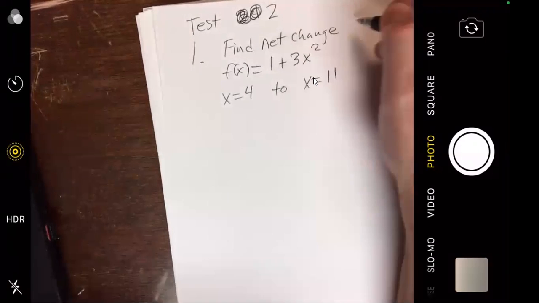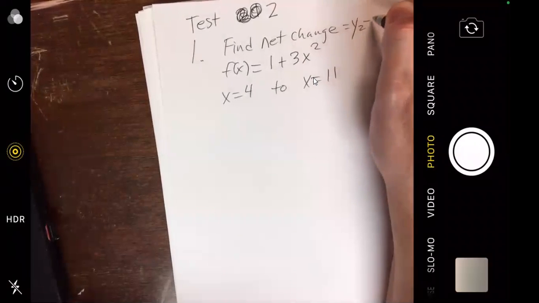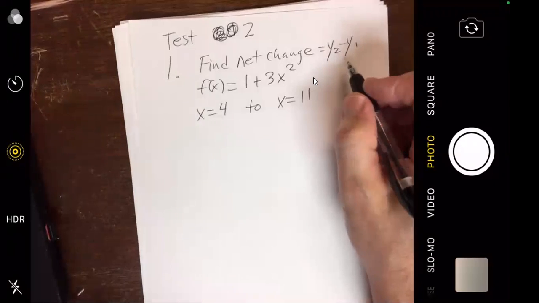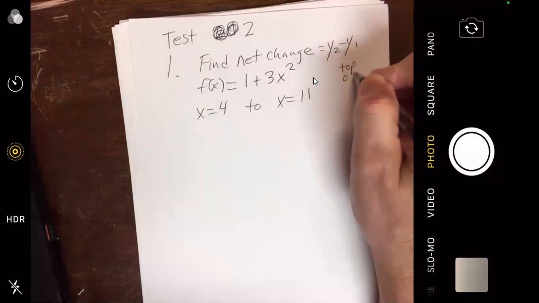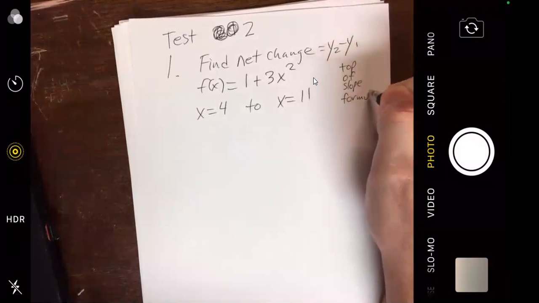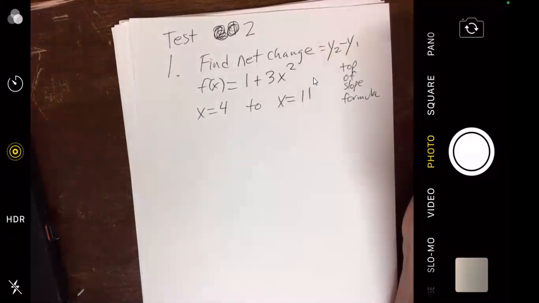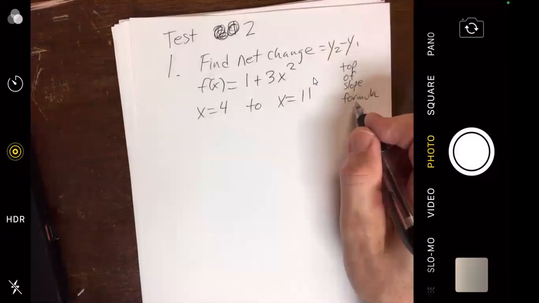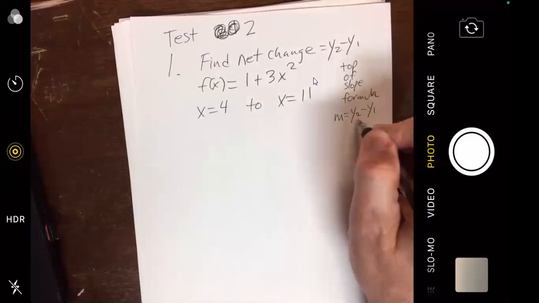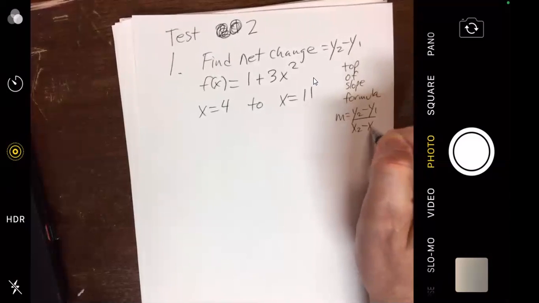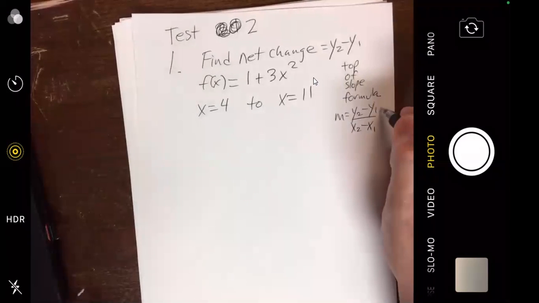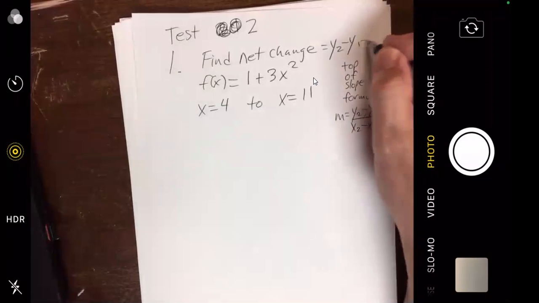The net change is y2 minus y1. It was the top of the slope formula. Do you remember the full slope formula? Is it y2 minus y1 over x2 minus x1? Yes, so that's the full formula. The net change is just the top of it.